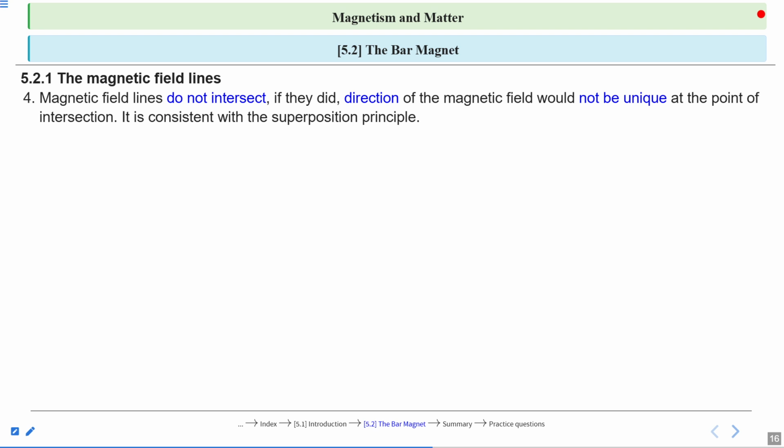And the fourth property is that magnetic field lines do not intersect. Okay, this was a property also for the electric field lines. Why can magnetic field lines not intersect?